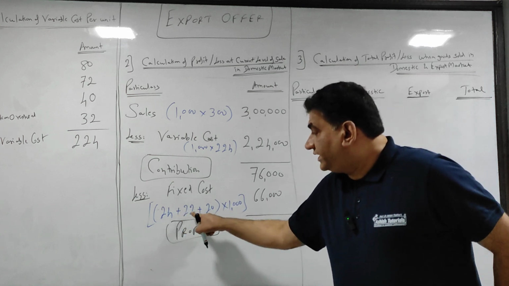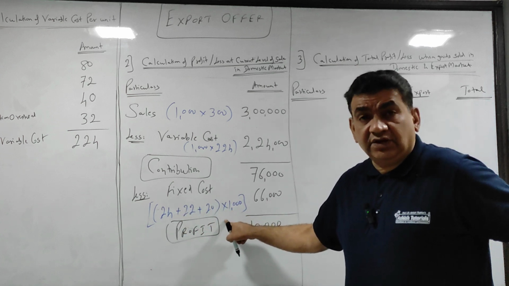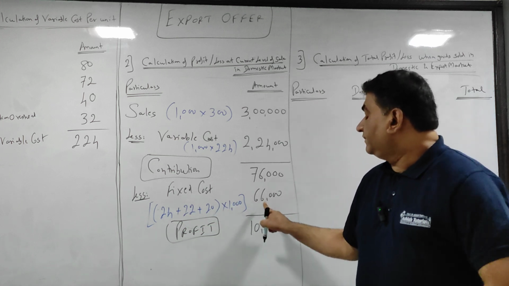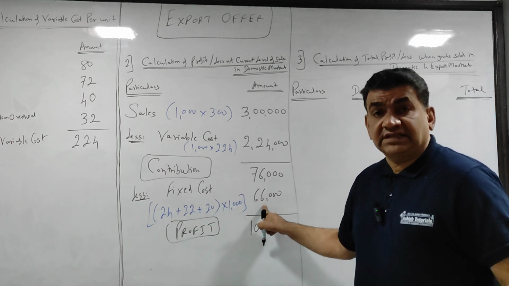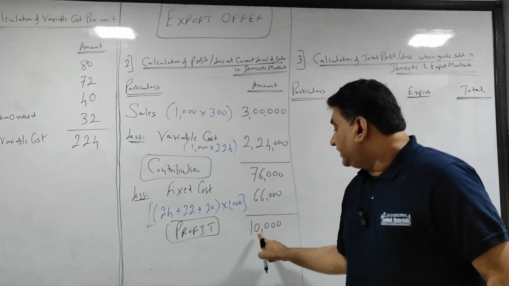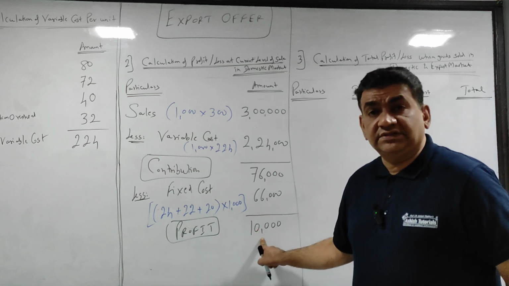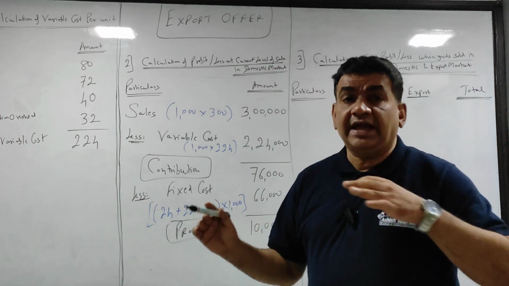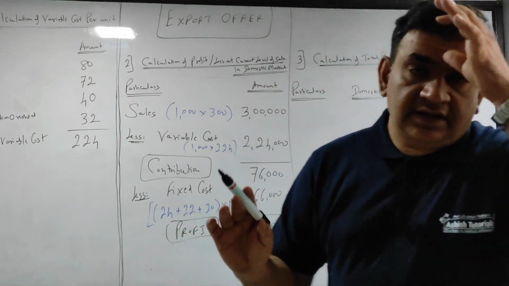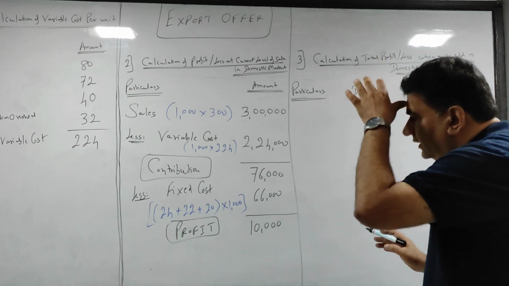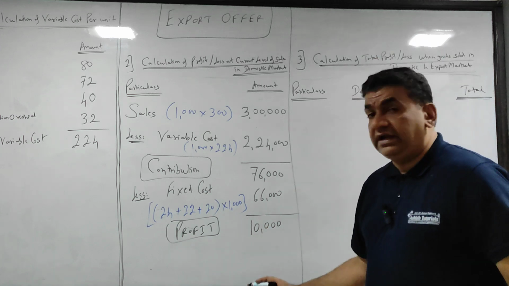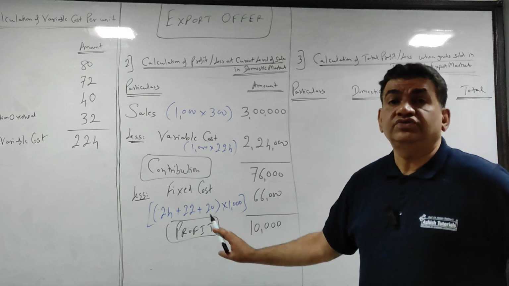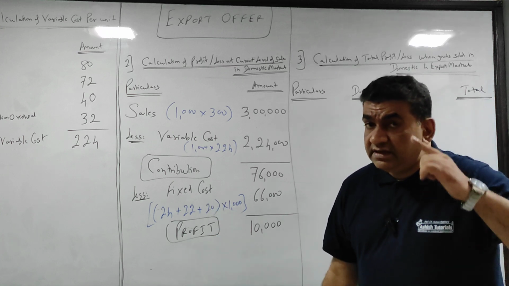So I will add all three fixed costs per unit, which is 66, and multiply by 1000. That gives me 66,000. So my profit is 10,000. So the current level of profit which I am earning during the year is 10,000 rupees.